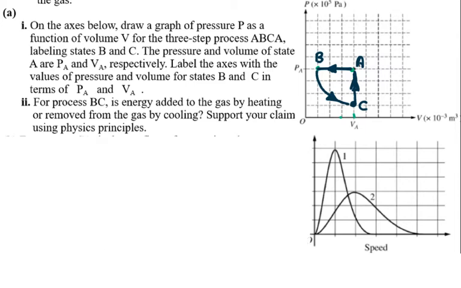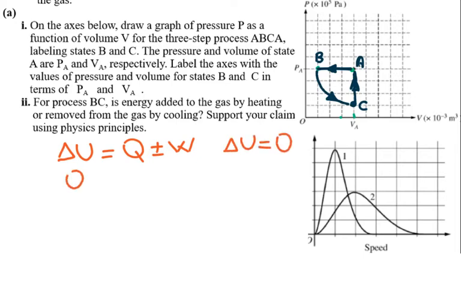So for the first law of thermodynamics, the work energy theorem, the change in internal energy of the gas is equal to the heat taken out or added plus or minus the work done on the gas or by the gas. Because the temperature doesn't change, the internal energy of the gas does not change.